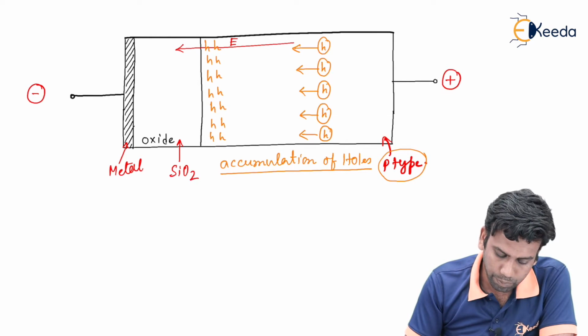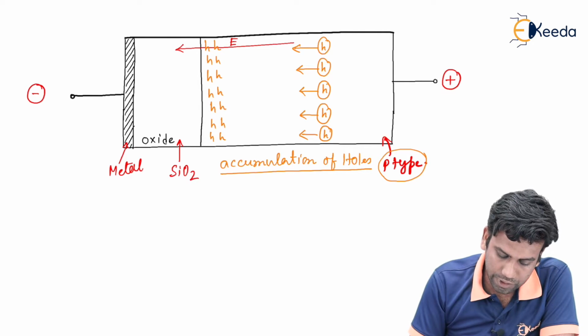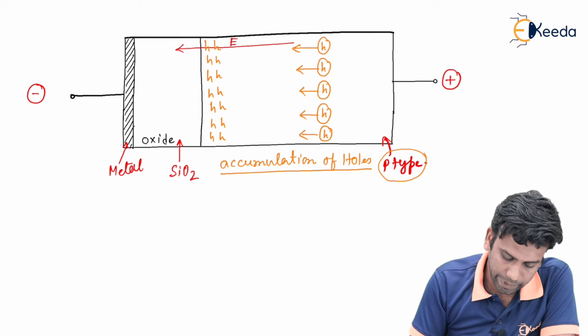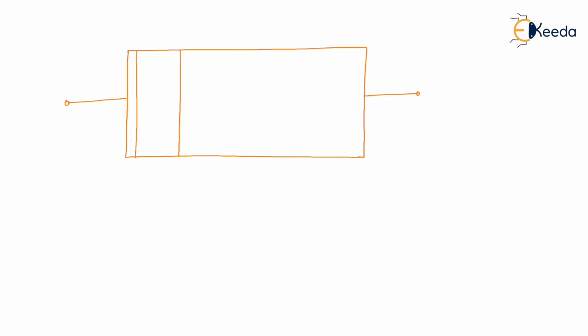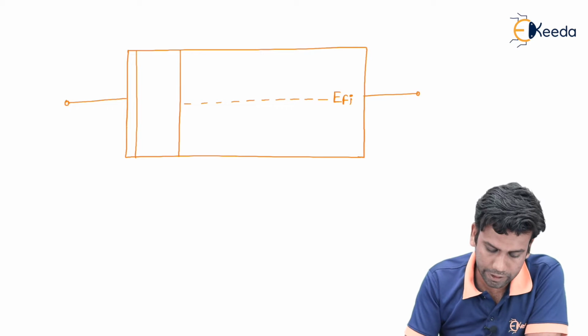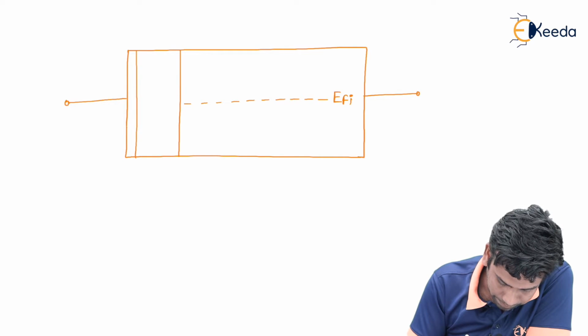Now, before the application of the outside potential, if we draw the band diagram inside the MOS capacitor, it will look like this. This will be the EFI, that is the intrinsic Fermi level, and this intrinsic Fermi level will be at nearly the middle of the band gap.